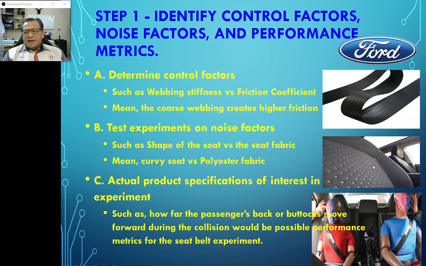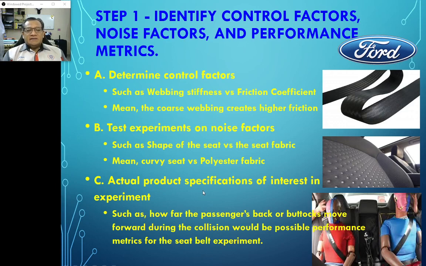Or is it semi PVC and so on? So the noise factor is tested between the shape of the seat, this back passenger seat, and the fabric. So if the seat is curvy, ergonomic, it is tested against the type of cloth or material that the seat has. So it is another noise factor to test against the control factors.